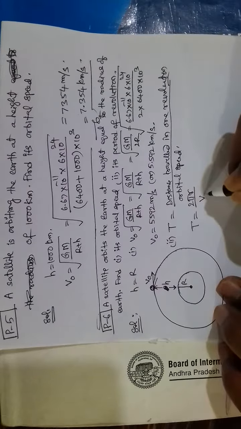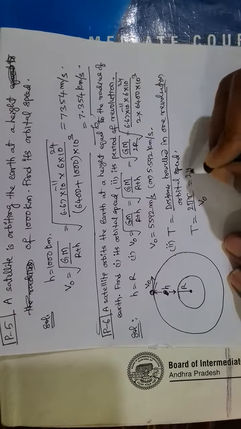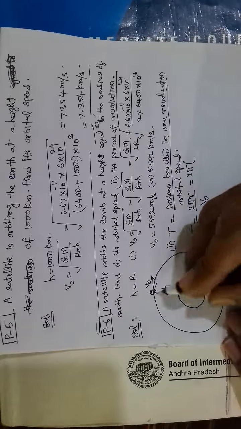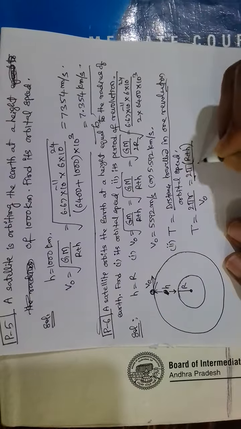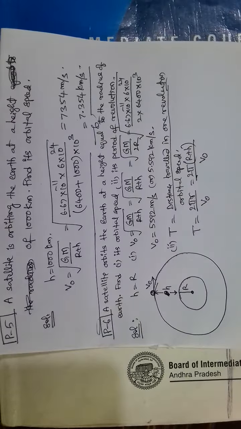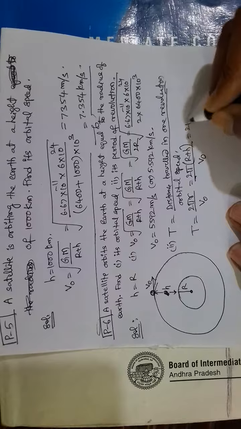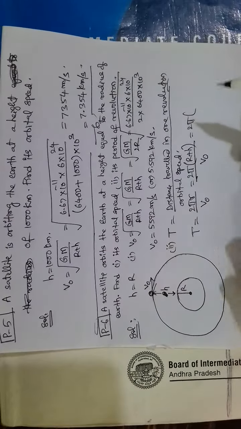Orbital speed is VO. But here the orbit radius is the sum of R plus h, and it is given that the height is equal to radius of Earth.